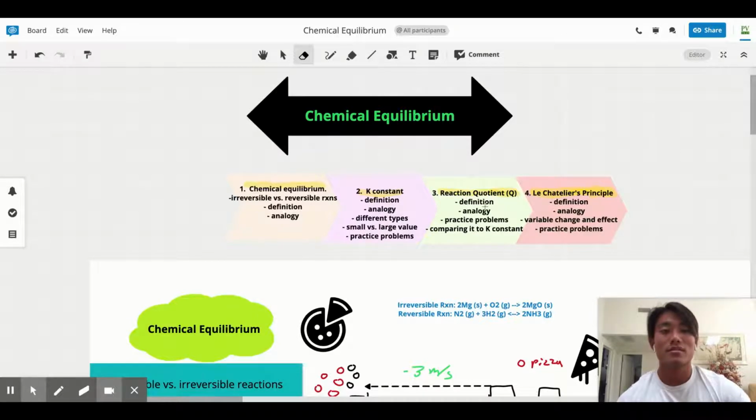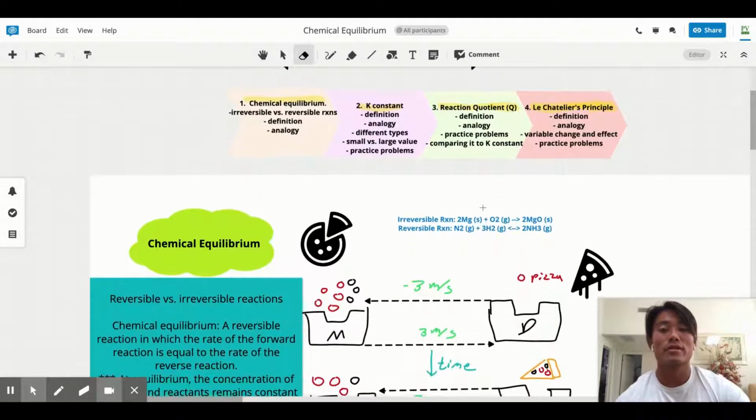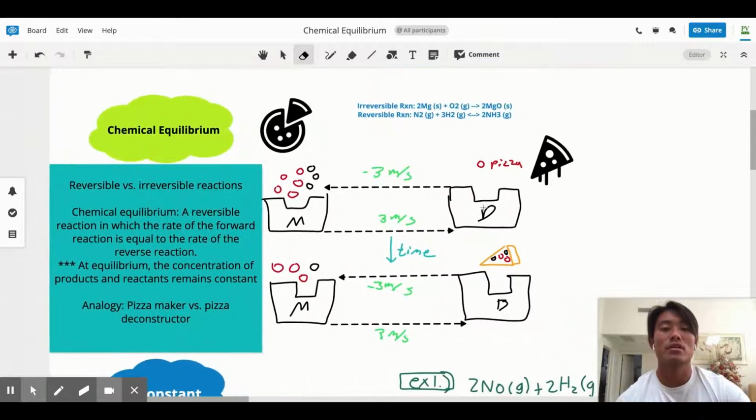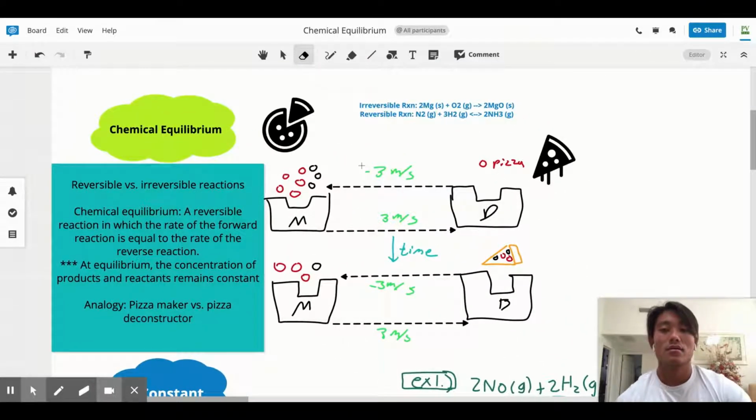Okay, so let's get started, and we're going to jump right into the chemical equilibrium of a reaction. Now, in order to understand the chemical equilibrium, I think it's best to backtrack and talk about an irreversible reaction versus a reversible reaction. So I'm sure within your chemistry class, you guys have covered an irreversible reaction.